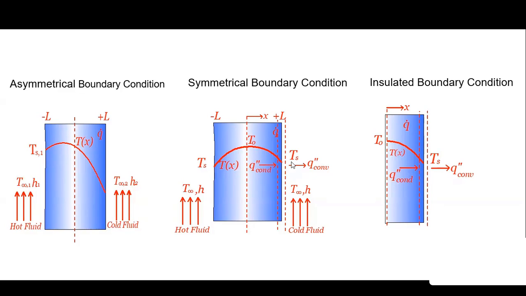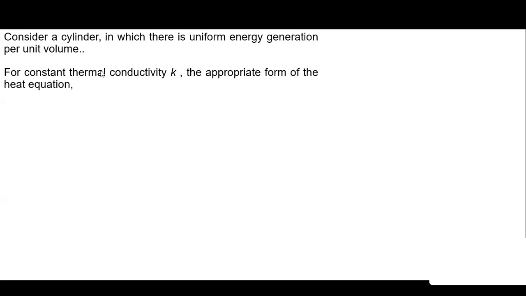Okay, so we can use these boundary conditions now for finding out the temperature distribution as well as the heat transfer rates. In the cylinder also, we can consider a cylinder in which there is uniform heat generation per unit volume, and once again constant thermal conductivity.